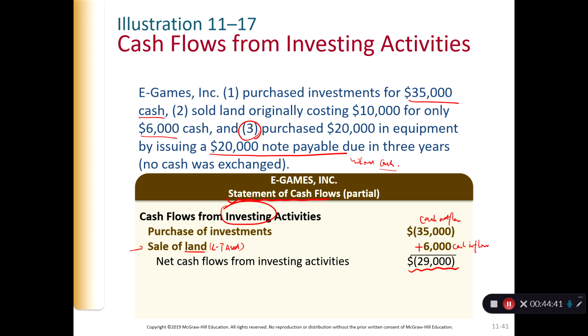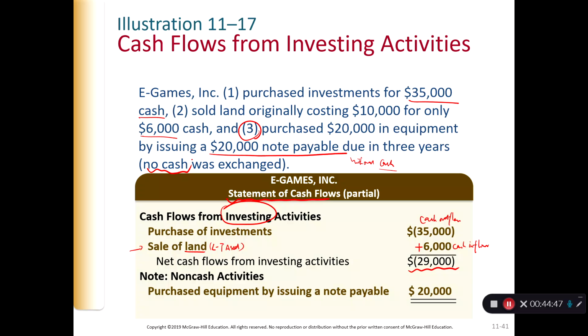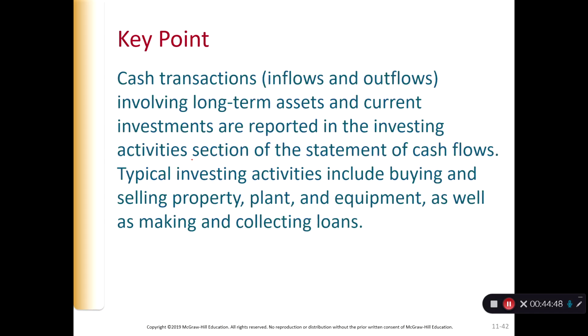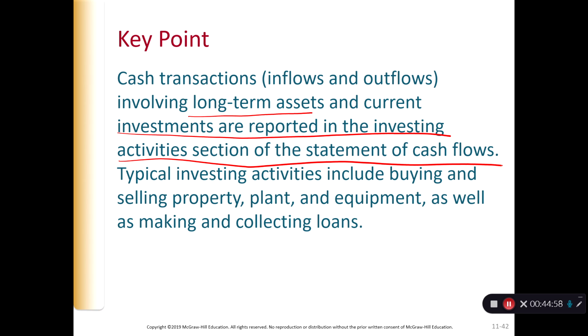It is disclosed in the notes section. So cash transactions, inflows and outflows involving long-term assets and current investments, are reported in the investing activity section of the statement of cash flow. Typical investing activities include buying and selling PP&E, as well as collecting loans.